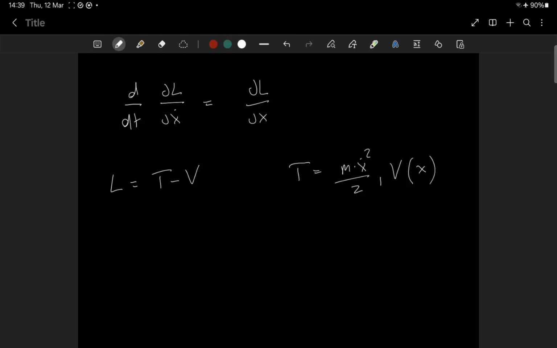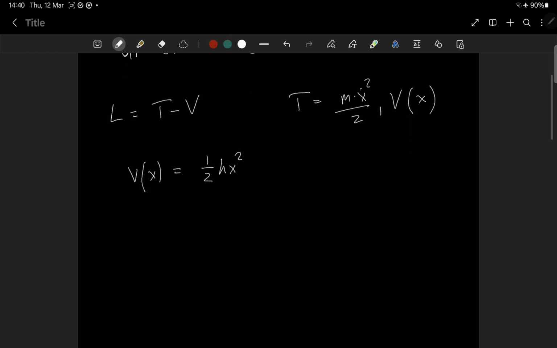For the harmonic oscillator, the potential is just 1/2 kx squared. So the Lagrangian is given by m times ẋ squared over two minus 1/2 kx squared.